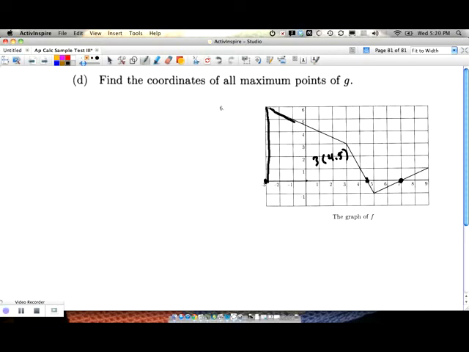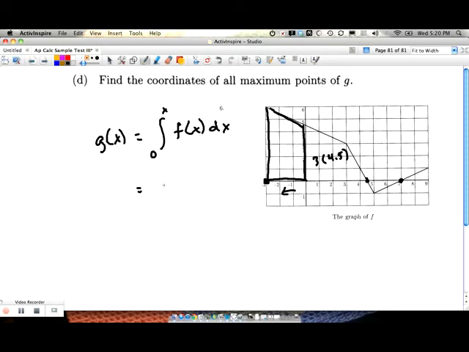But now we're moving backwards because g of x equals the integral from 0 to x of f of x dx. So if this x up here were -3, that's like saying the area from 0 to -3 of f of x dx.